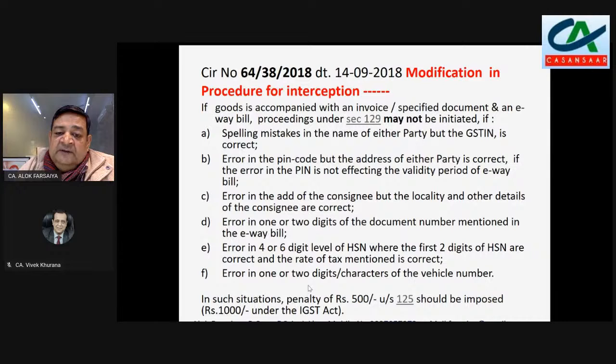But if there is a difference between the goods' HSN and the HSN mentioned on the bill, then it is certainly going to generate an allegation that we are moving some different goods than the goods mentioned in the bill. But the circular gives these errors on which they mention that only 1,000 rupees penalty should be there.